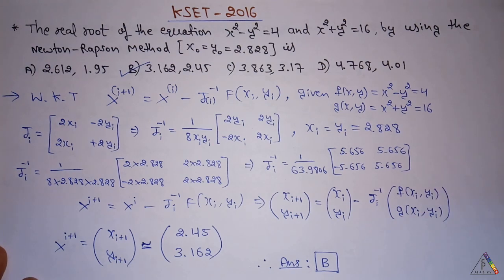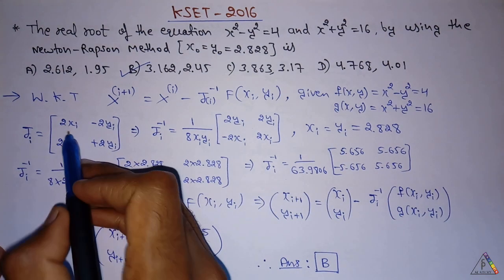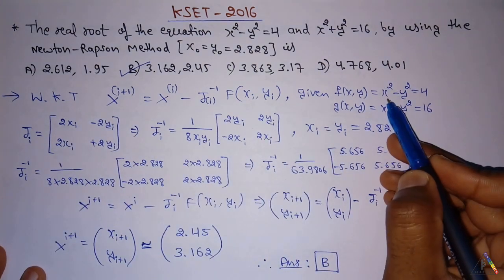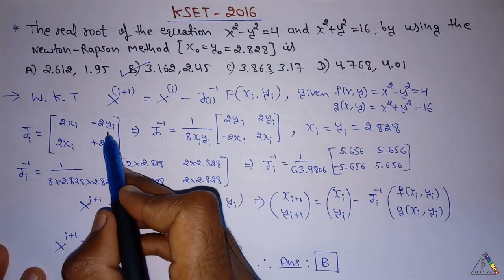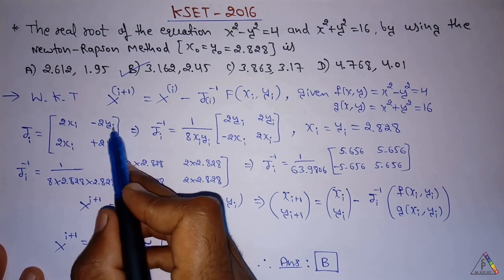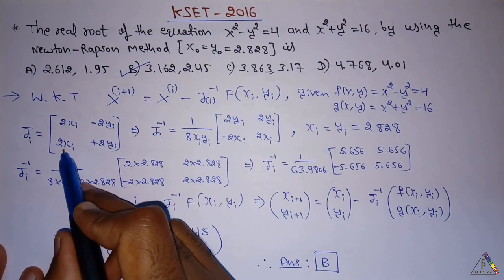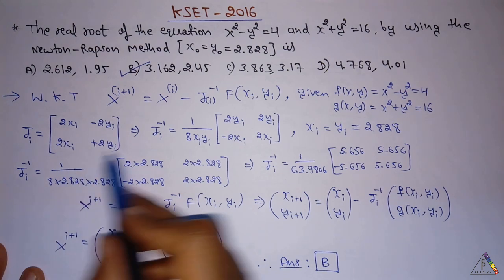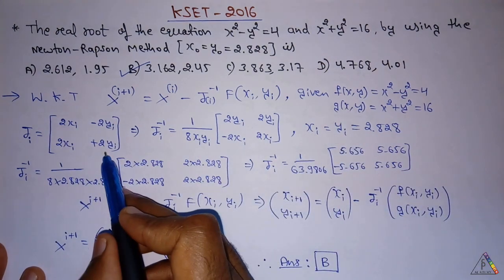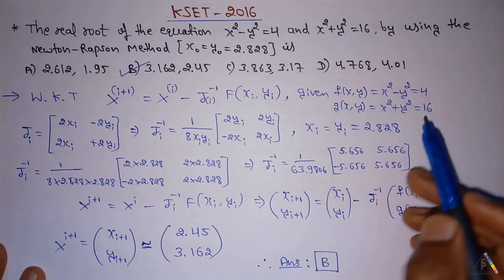by finding the Jacobian, that is dou f by dou x, that is equal to 2xi, and dou f by dou yi, that is minus 2yi, and dou g by dou x, that is equal to 2xi, and dou g by dou y, that is equal to 2yi.